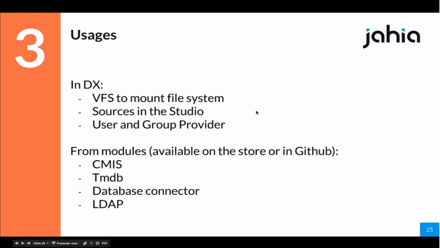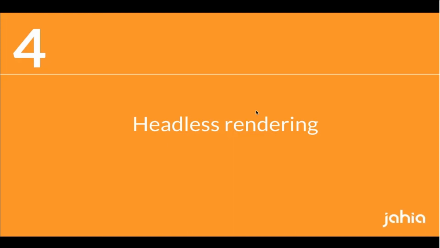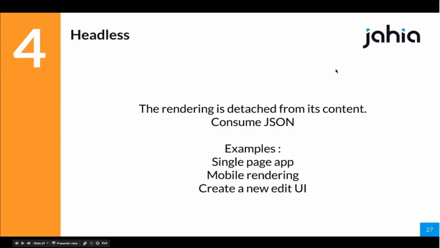So now that we have our data inside Jahia using that external data provider, let's see how we can use that and start to build headless rendering for our Jahia. In headless, the whole point is to detach the rendering from its content.